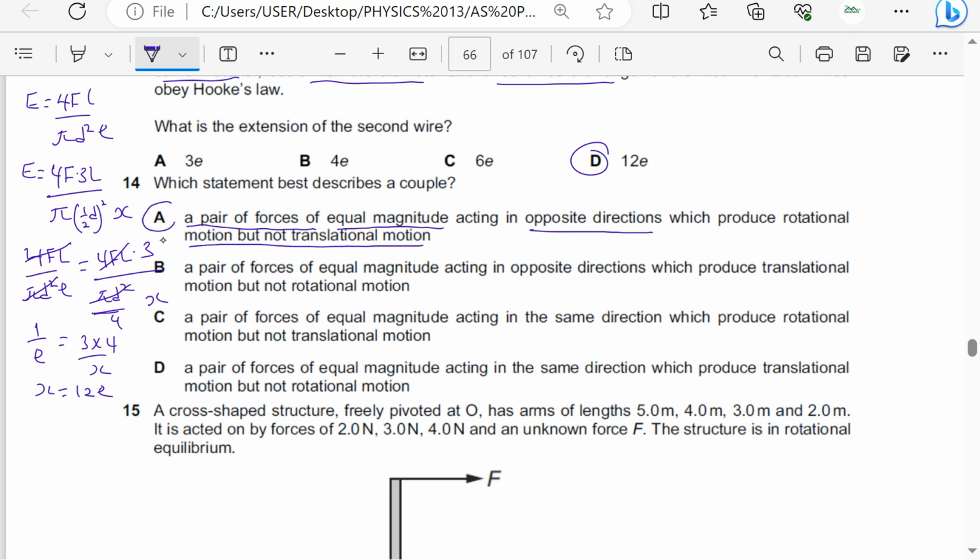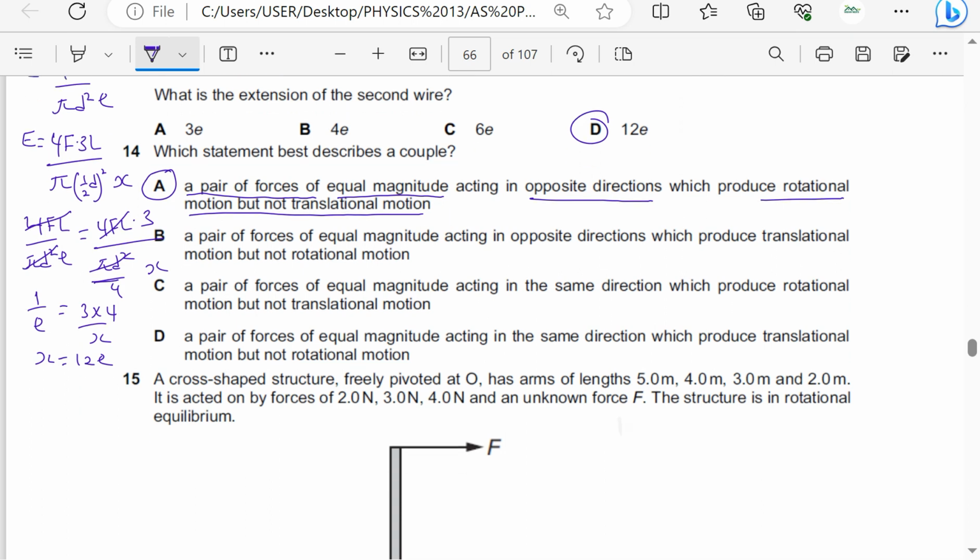So the answer is A without wasting time, the rest must be wrong. A couple can cause rotation but not translation. Translation means the body moves from one point to another. If there is no translational motion, the body cannot move from one point to another. So the answer is A.